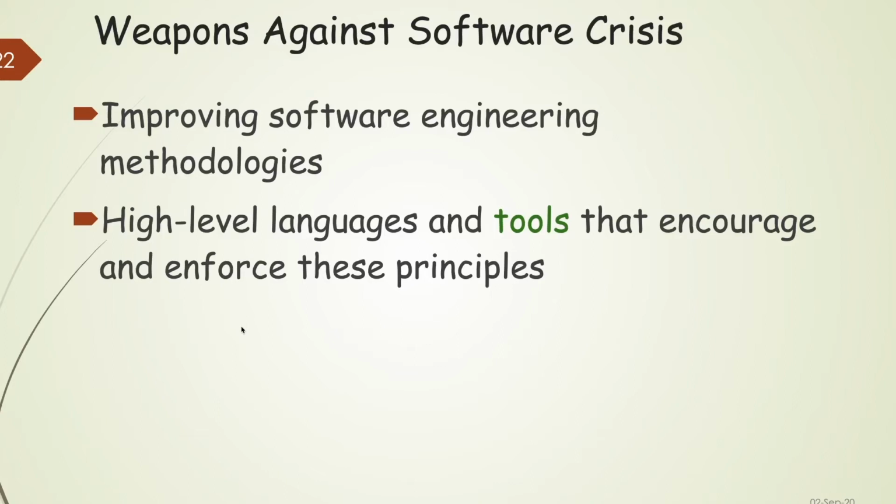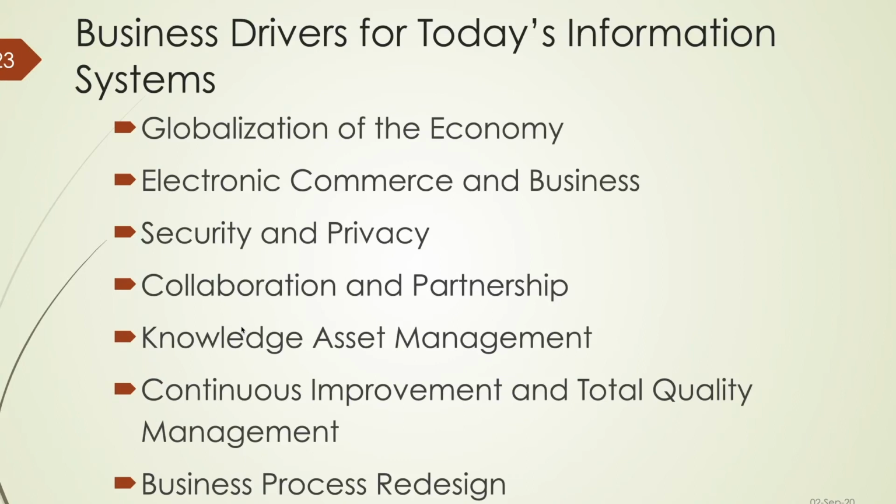We can get rid of the crisis, or we can minimize the crisis by improving the software engineering methodologies. The high-level languages and tools that encourage and enforce these principles, we use those. So more and more high-level languages and tools have emerged that enable us to enforce the software engineering principles.